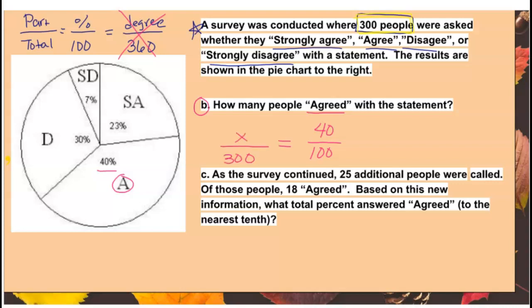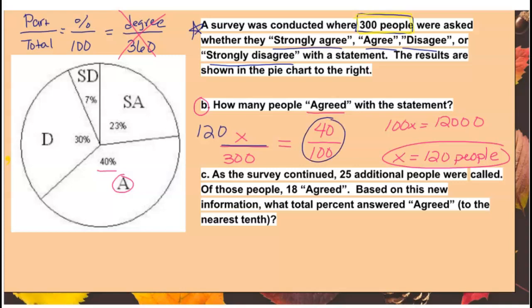I want to know how many of those people out of 300 is 40%. Cross multiply. 100x equals 12,000. Divide by 100, x is 120 people. And I like to ask myself, does my answer make sense? 120 out of 300 is close to half, just like 40 out of 100 is close to half.